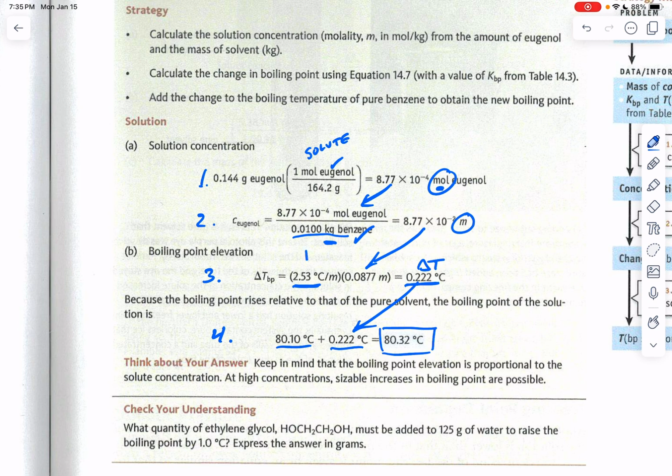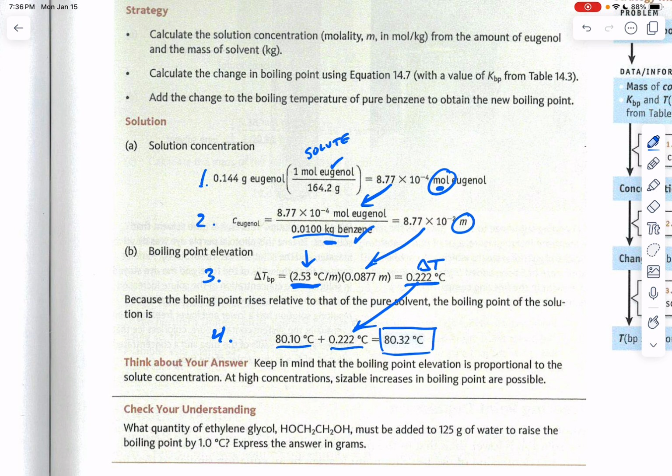And then when you come down here to get the constant, sometimes your solute can also be a solvent in other situations. You want to make sure you are getting the constant for the solvent that is used in this particular problem. Let's say that eugenol is a liquid.